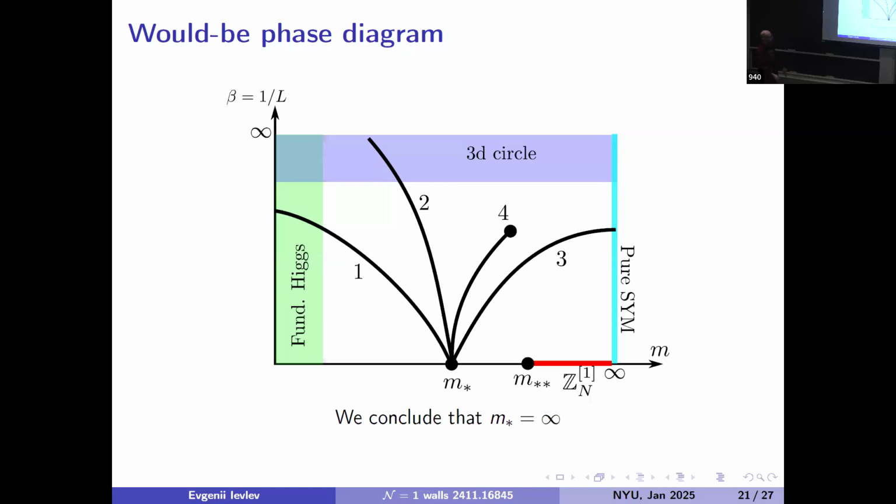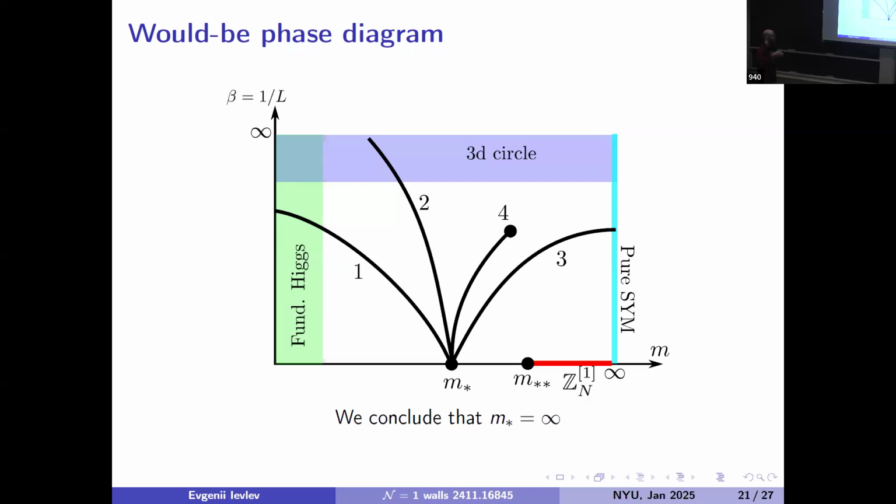Roughly speaking, we argued that none of those possibilities actually arises. Possibility 4 is completely crazy because you have domain wall multiplicity here, but no multiplicity here, and these regions cannot be smoothly connected. And possibilities 1, 2, and 3 are excluded because they must come into the regions which we know very well, and we do not see any phase transition in those regions.